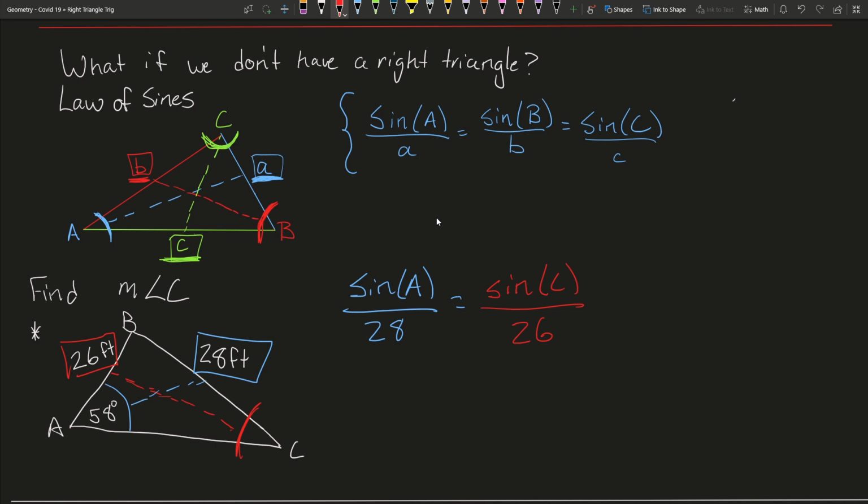All right, so when we solve for angle C, really all we need to do is multiply by 26.